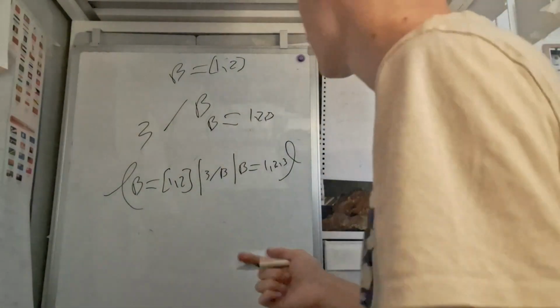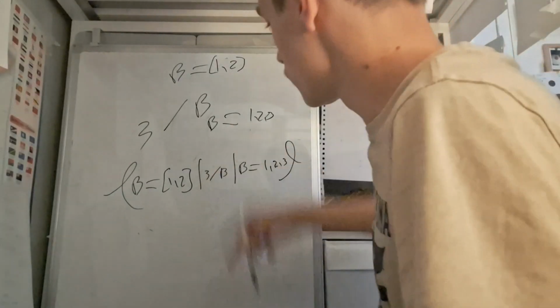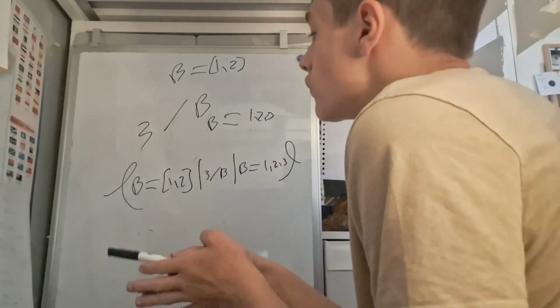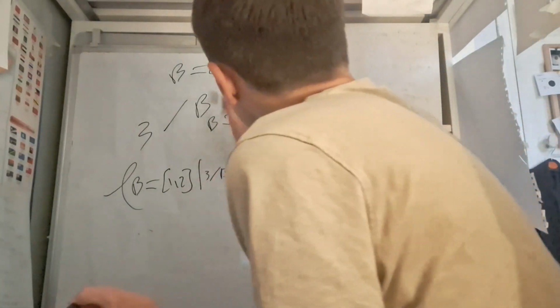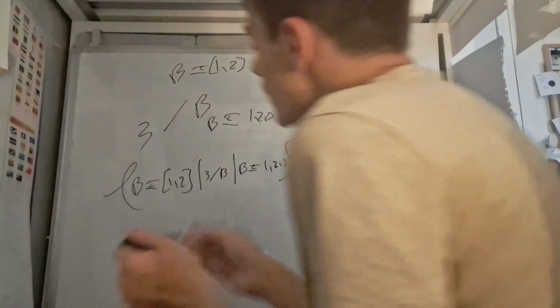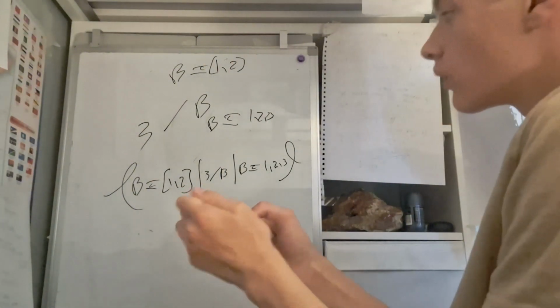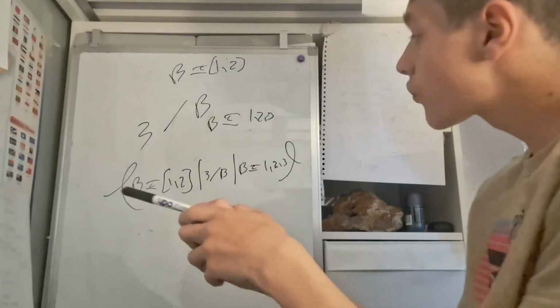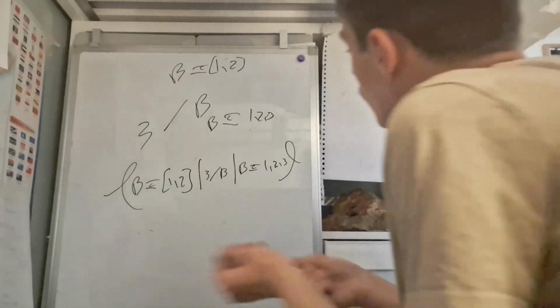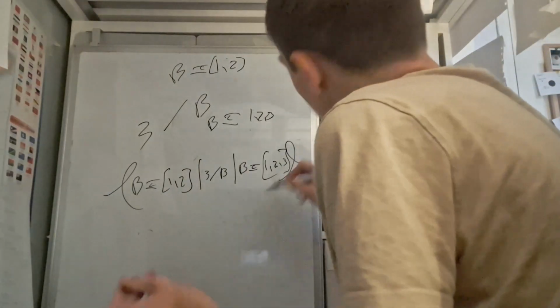Obviously a little bit more complicated than this, but it's separated by these black bars. So B at the start contains 1 and 2. Then you add 3 to B. B now contains 1, 2, and 3. I forgot to add the square brackets there.